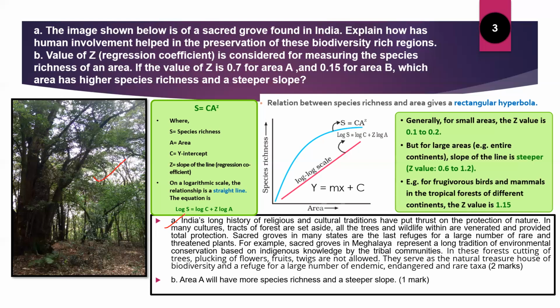Sacred groves in many states are the last refuge for a large number of rare and threatened plants. For example, sacred groves in Meghalaya represent a long tradition of environmental conservation based on indigenous knowledge by the tribal communities. In these forests, cutting of trees, plucking of flowers, fruits, twigs are not allowed.